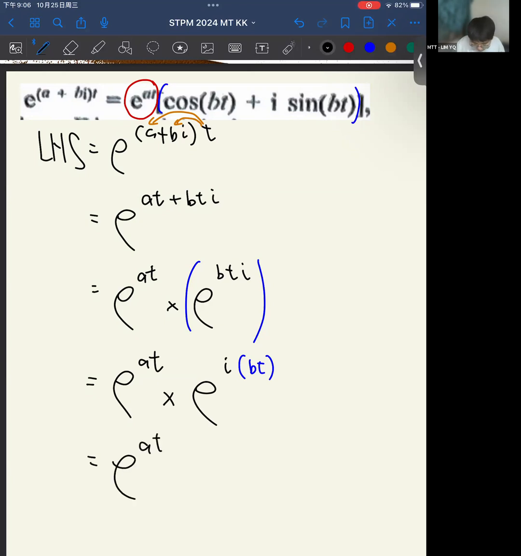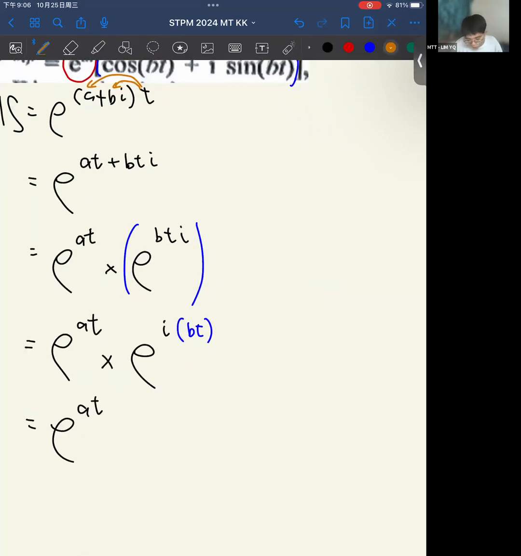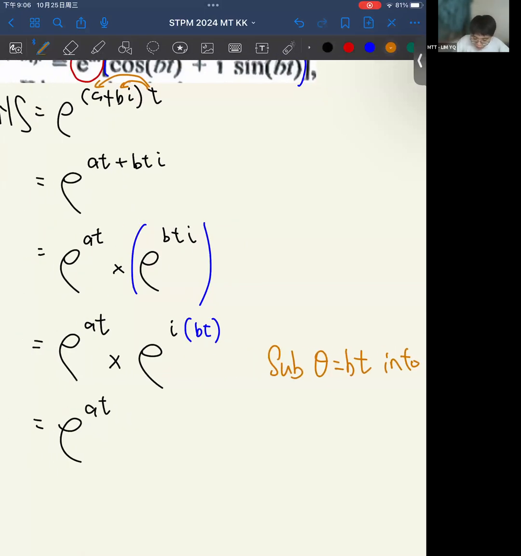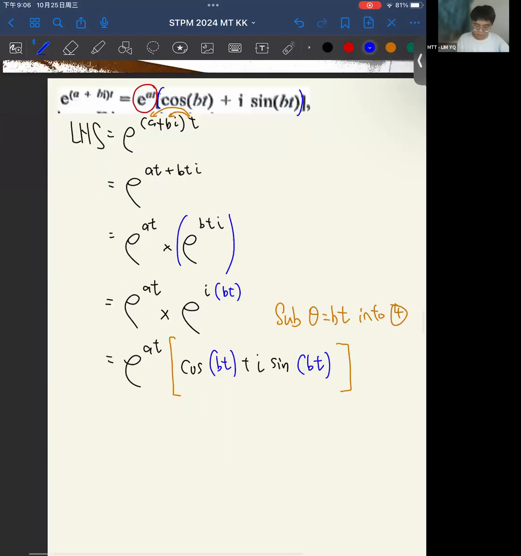By substituting theta equals bt in equation 4, I still refer to the first equation 4, the one that I mentioned. So this one becomes cos bt plus i sin bt. Now we are done. We already showed that it is the same as the formula on the right hand side.